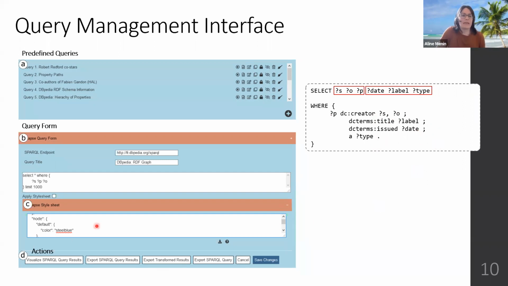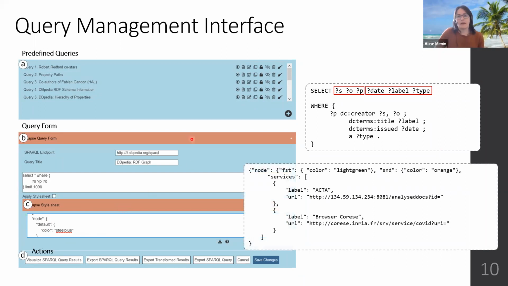Further, we have a space here for a style sheet. So the idea here is that the user can customize some parts of the initial graph, the initial node link diagram, such as the colors of the nodes, using a format like this one. So we can create some keywords here like FST and say that the color is light green.